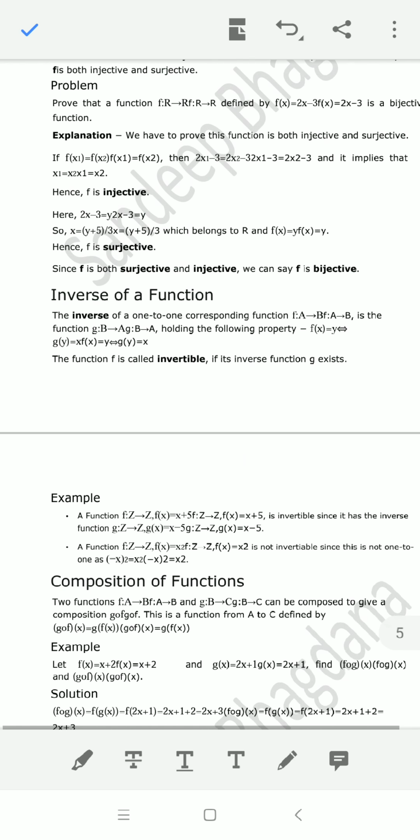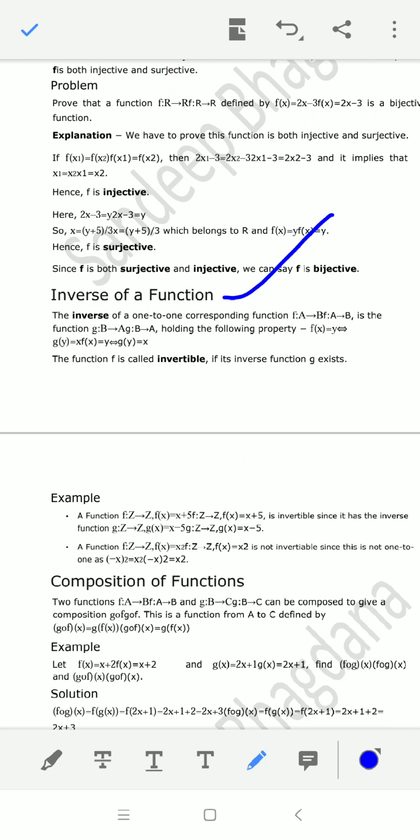Inverse of a function. The inverse of a one-to-one corresponding function f: A → B is the function g: B → A holding the following property: f(x) = y if and only if g(y) = x.